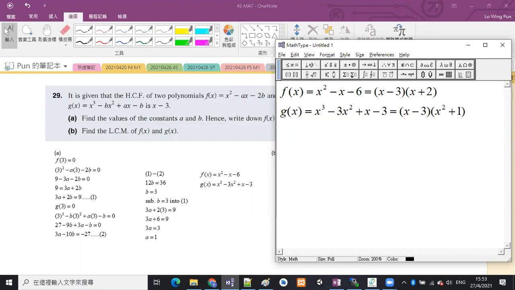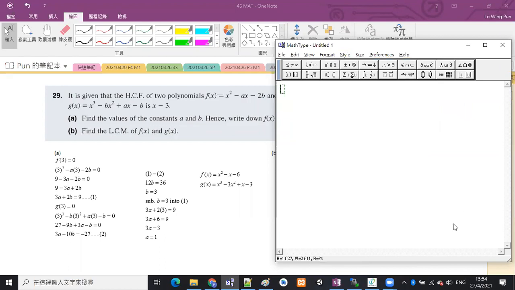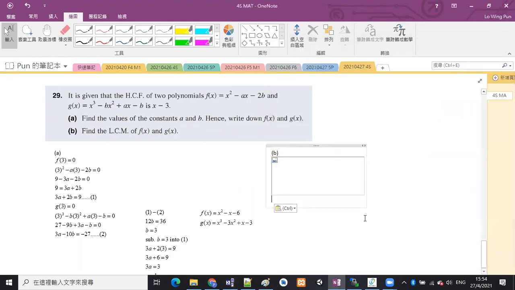Okay, the x squared plus 1 cannot be further factorized. So the LCM should be x minus 3 times x plus 2 times x squared plus 1. Okay, so that is the LCM of fx and gx.